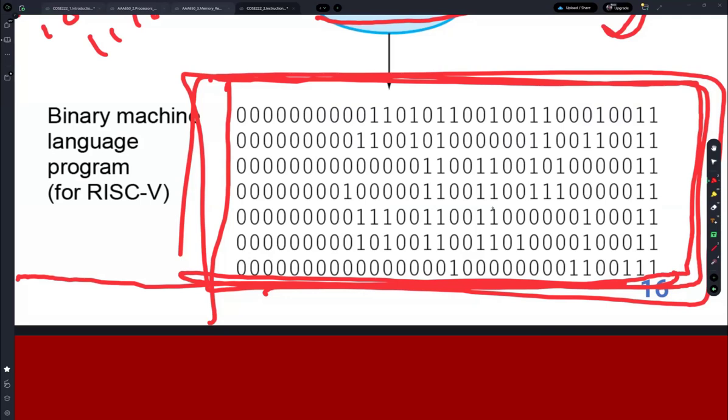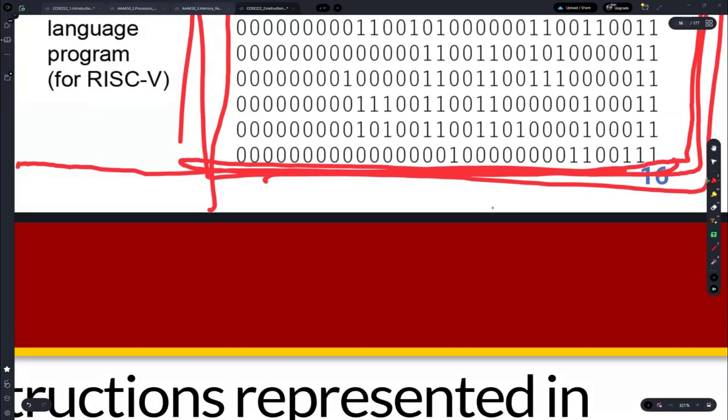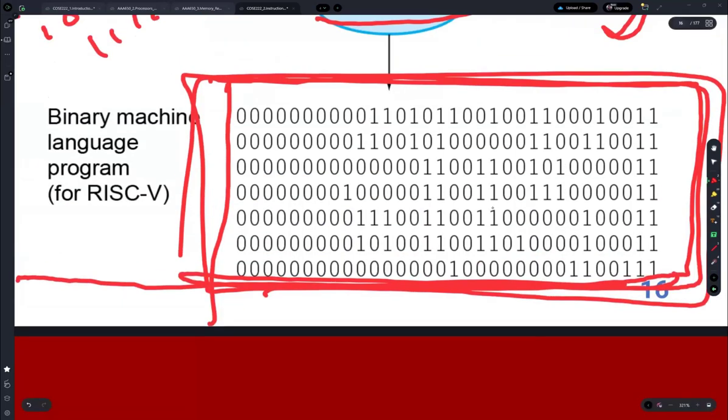Then where are the instructions in a computer? I mentioned instructions are also kind of digital data. And where is the data? Memory, right?